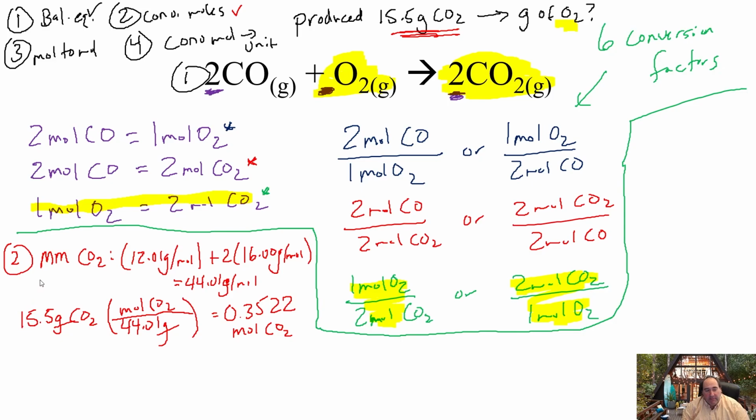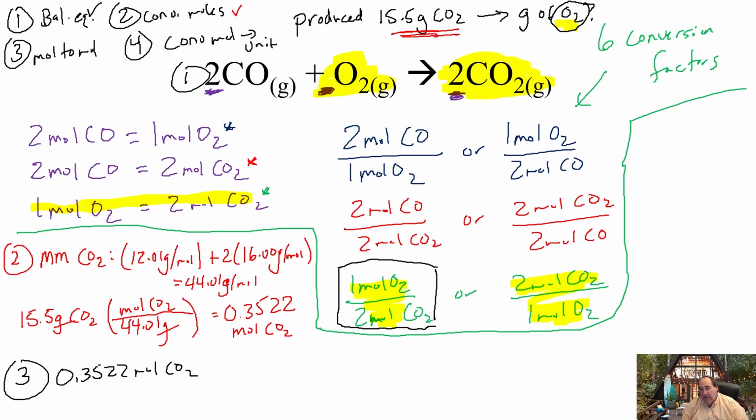The big stoichiometry move here is we take the number we just got, 0.3522 mole CO2. Remember, now we want to get rid of CO2 and end up at O2. The conversion factor that does that is the one here on the left. Again, opposites cancel.